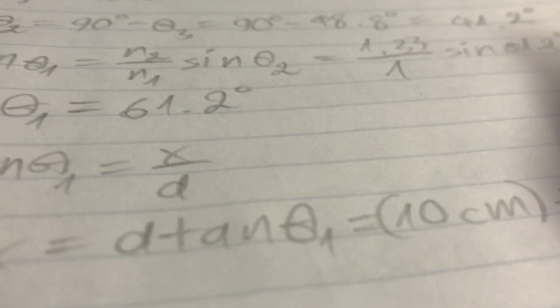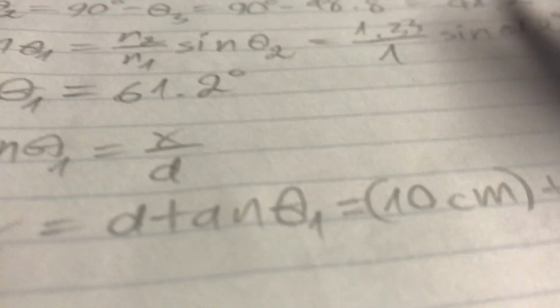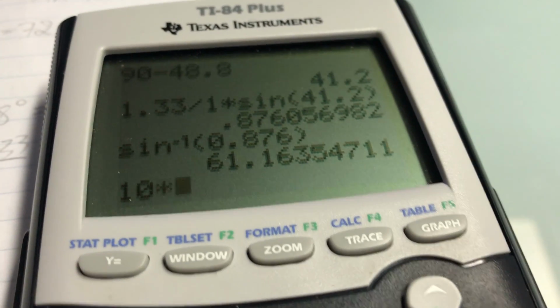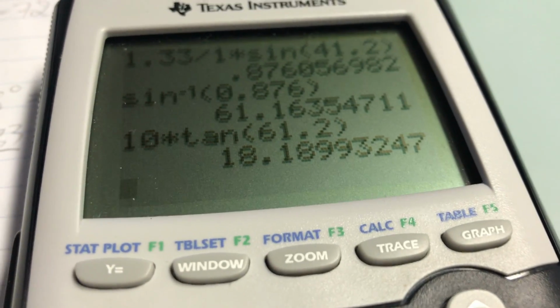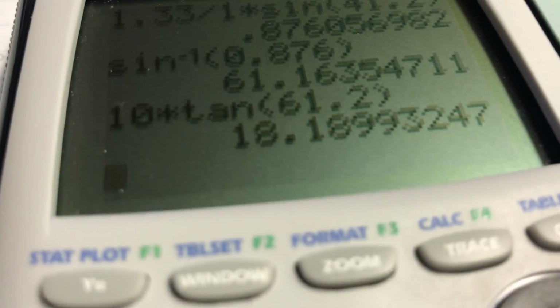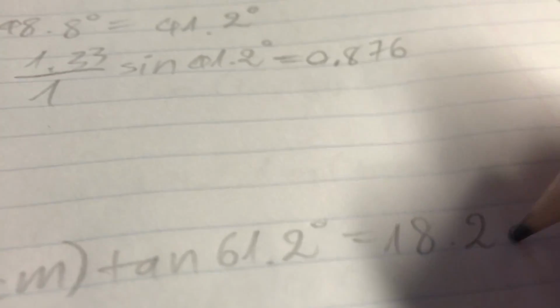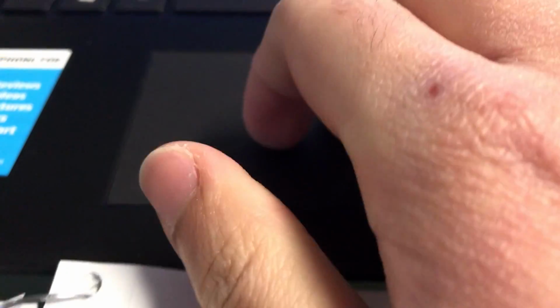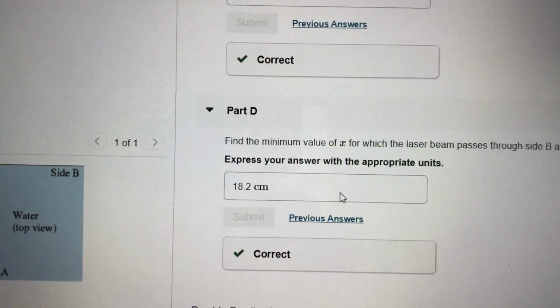And tangent of theta 1 is tangent of 61.2 degrees. So 10 times tangent of 61.2 degrees is 18.2 centimeters. And that is the answer that Mastering Physics is looking for.